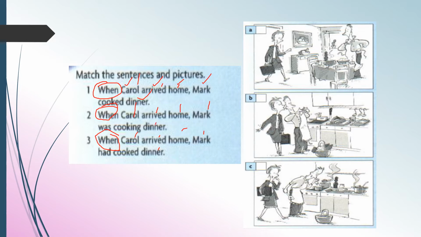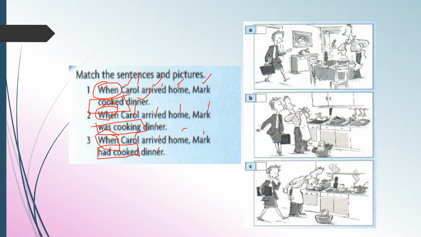So the dissimilarities are cooked, was cooking, and had cooked. That is what I was talking about in the introduction, that most of them are related to the verb form. So you can understand that this situation, this context, is from three different angles, three different tenses. So we need to understand which happened when.